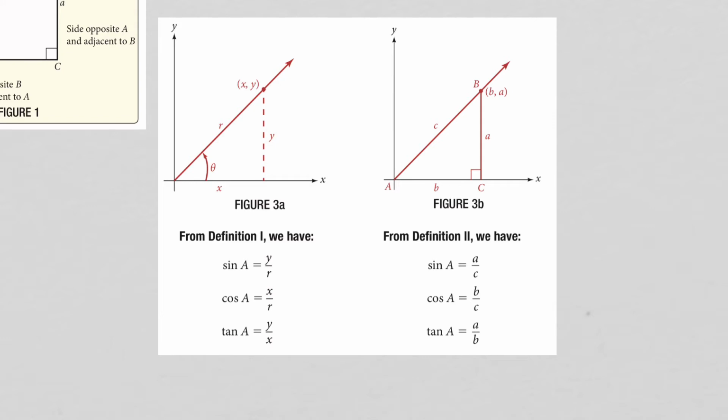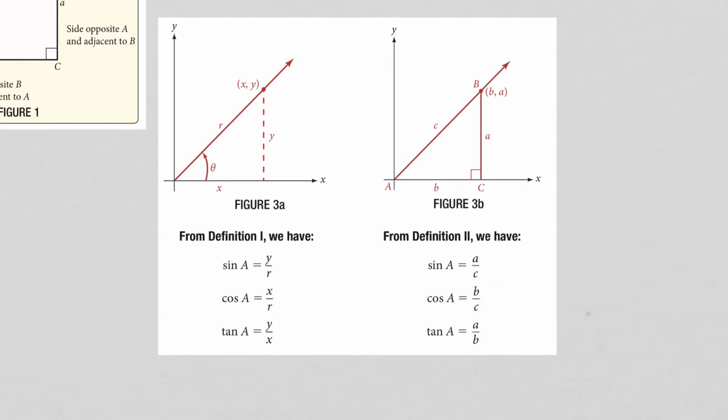Now, if you just take this idea and superimpose a right triangle ABC on top of this triangle here, then y is the same as side A, x is the same as side B, and r is the same as side C. And we know that sine is opposite over hypotenuse, so that's A divided by C, etc.